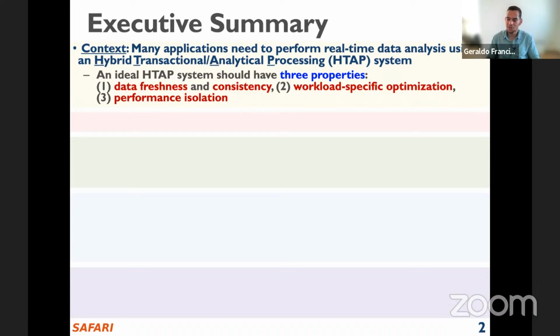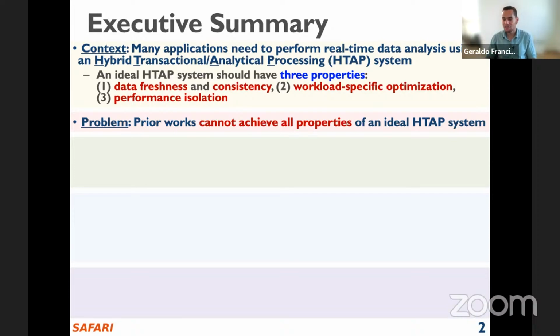An ideal HTAP system should provide at least three properties: high data freshness and data consistency, workload-specific optimization, and performance isolation. We extensively evaluate state-of-the-art HTAP systems, and we see that they fail to provide all three HTAP properties at the same time.